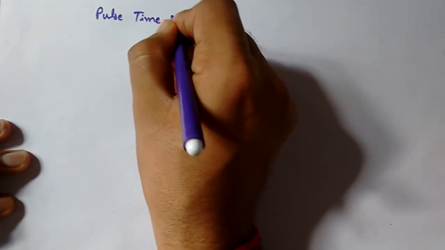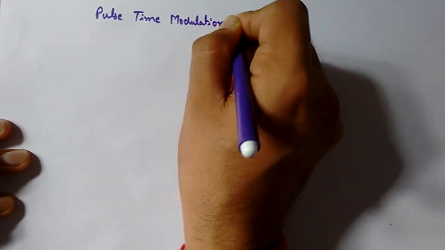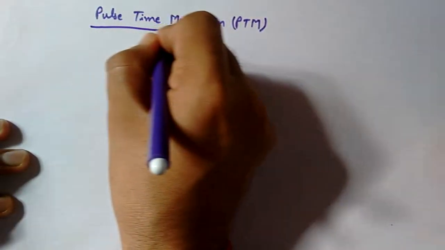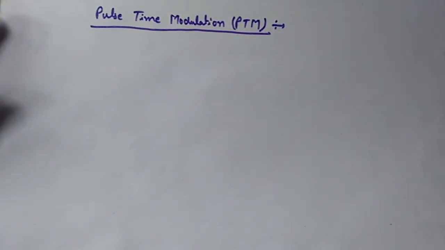In short it is known as PTM. So what is this PTM? In PTM, the timing of the pulses of the pulsed carrier is varied. So the variations occur on the time axis. Therefore, this kind of modulation is known as pulse time modulation, PTM.